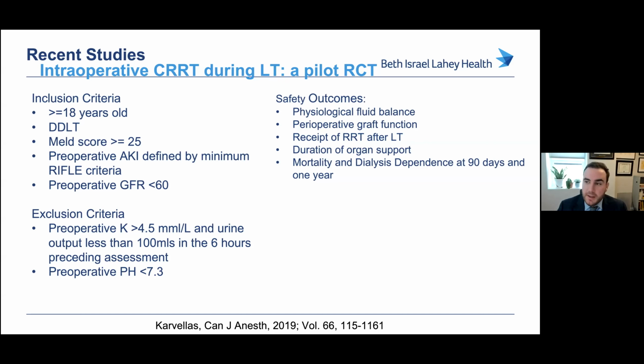So it was very targeted towards the population for whom intraoperative CRRT would be useful, but they chose to exclude patients with higher preoperative potassium levels, low urine outputs, and a preoperative pH below 7.3. So even they didn't want to include for randomization patients that had potassium levels of 5 or clearly had significant pH abnormalities. Their institutional review board didn't think it was safe to not provide those patients with intraoperative CRRT.